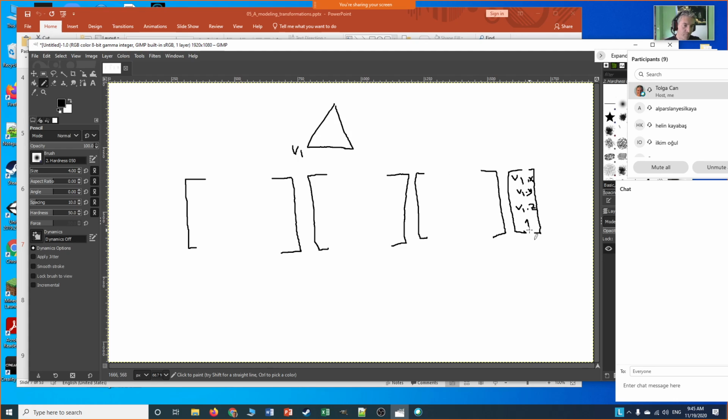And why do we need this 4th dimension? Again, to be able to perform something like this. X prime is equal to ax plus by, then cz, and d.